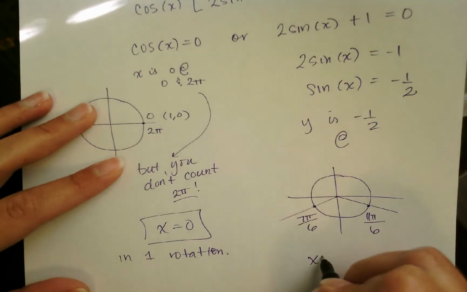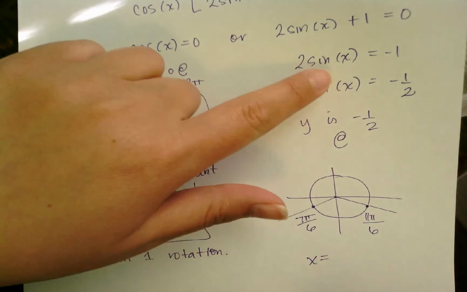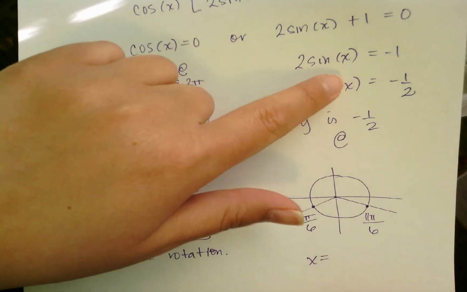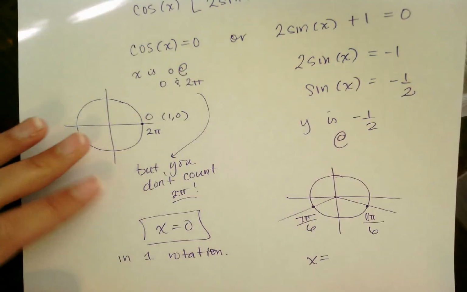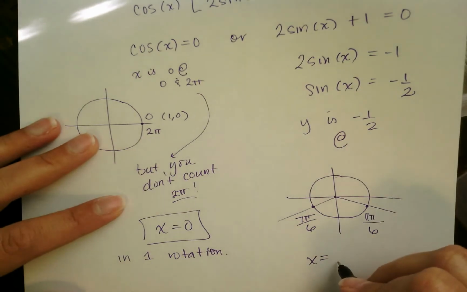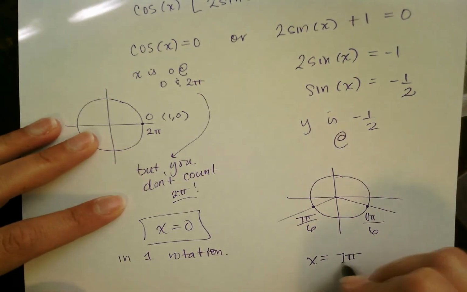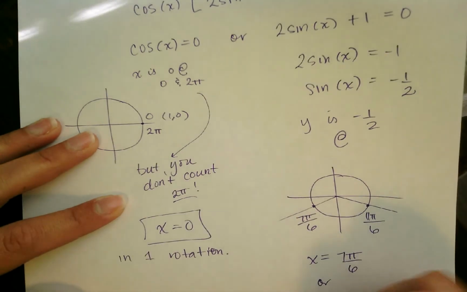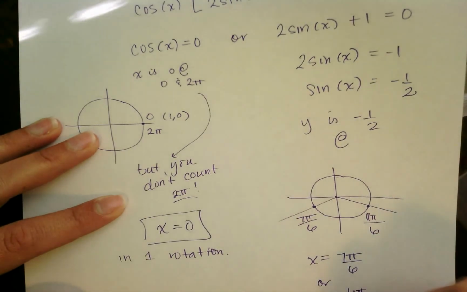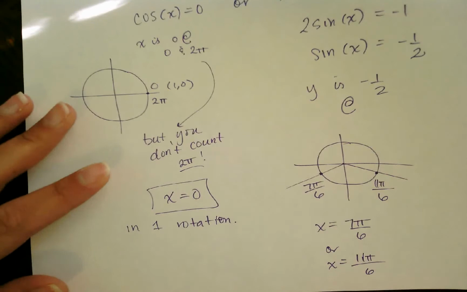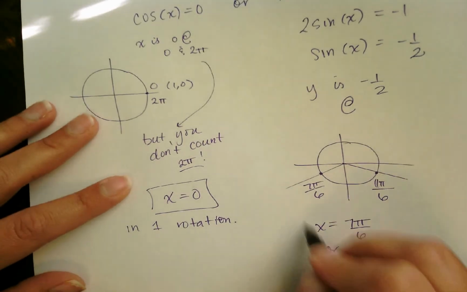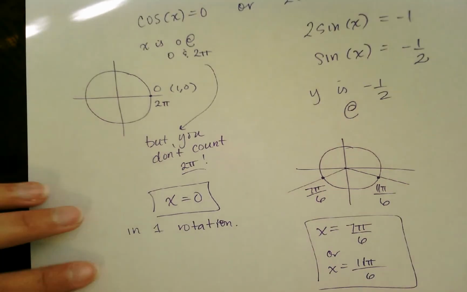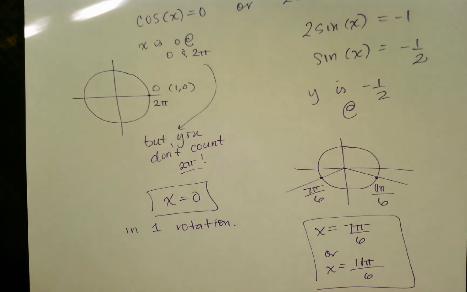So x equals, because the variable is x, remember that's just the variable, it could be theta, it could be t, so don't get confused with that. Our answers are 7 pi over 6 or 11 pi over 6. And again, just the primary, so you don't have to do the 2 pi k. So those are your 3 solutions.